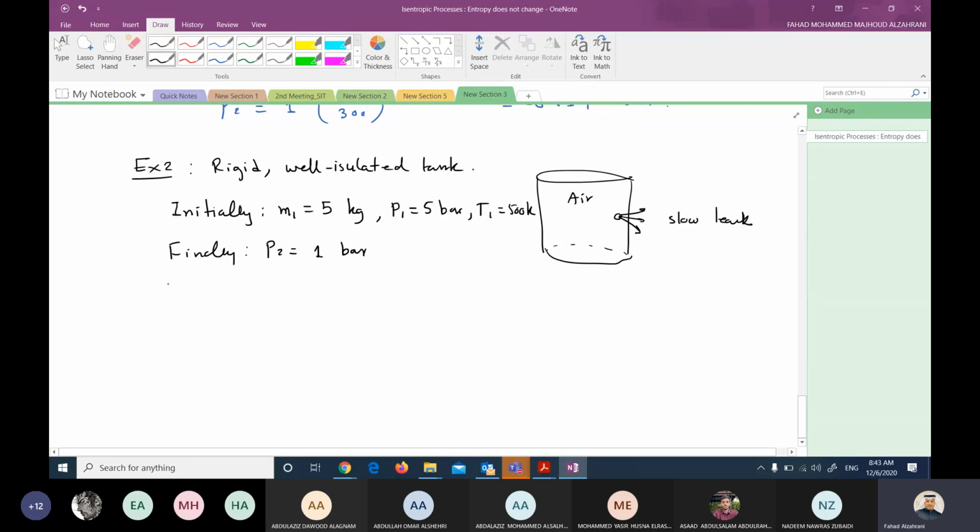Using the ideal gas model, what is the final mass and temperature?